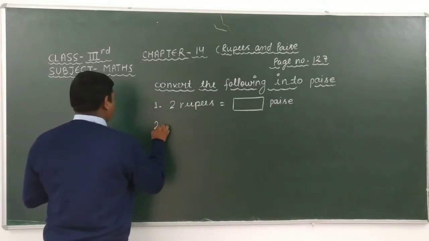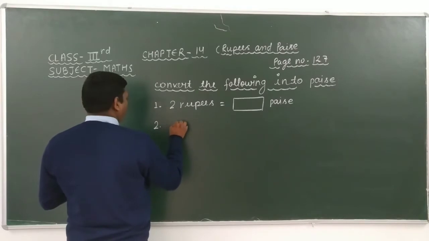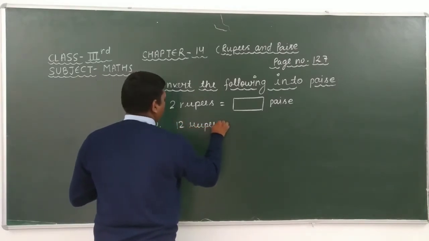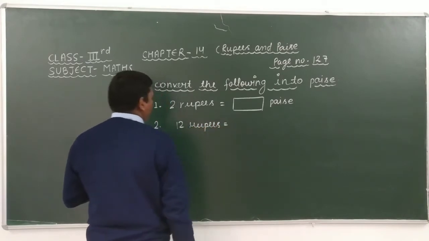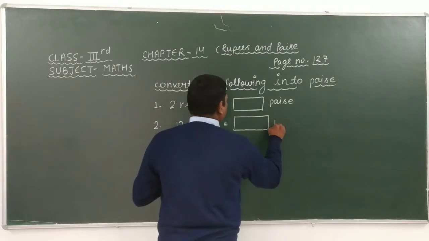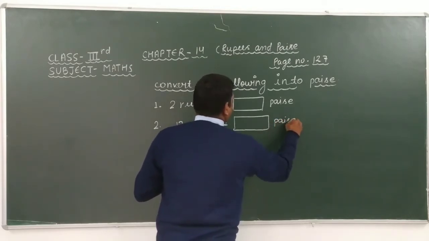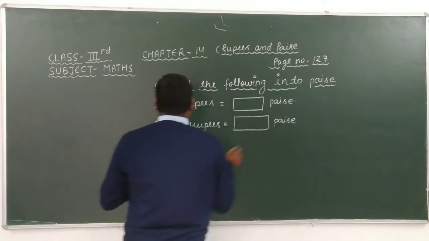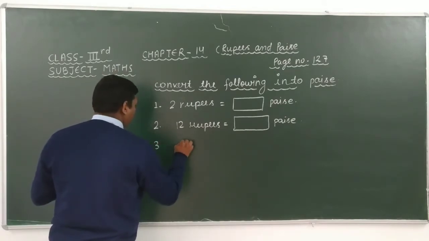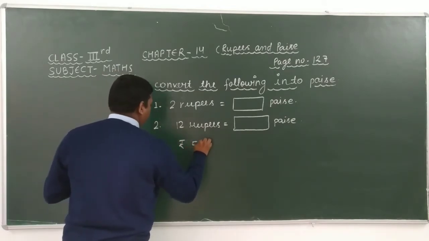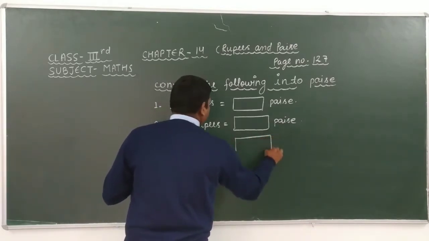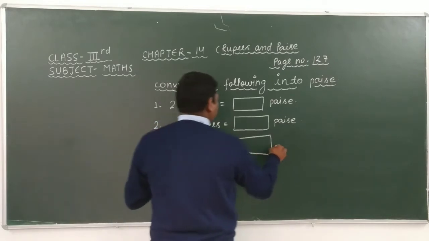Question number 2 is: 12 rupees is equal to how many paise? Question number 3 is: rupees 5.40 is equal to how many paise?